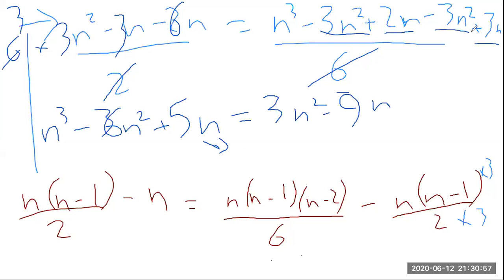Further simplifying, we get n cubed minus 9n squared plus 14n, which was what the question was asking for. You can easily factor out and then make it a quadratic equation to solve the rest.